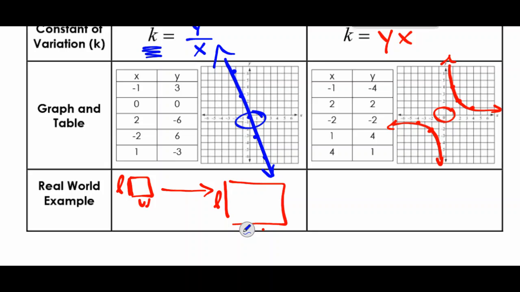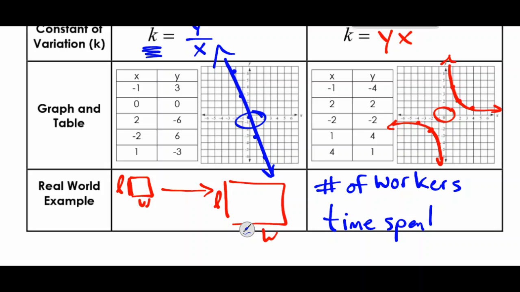As this length increases, the width increases. The other classic example of an inverse relationship is our number of workers and the time spent working. As you split up a task among more people, you have to spend less time individually working.